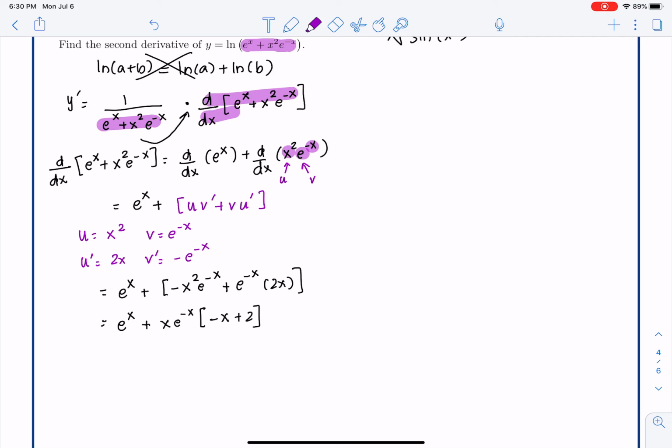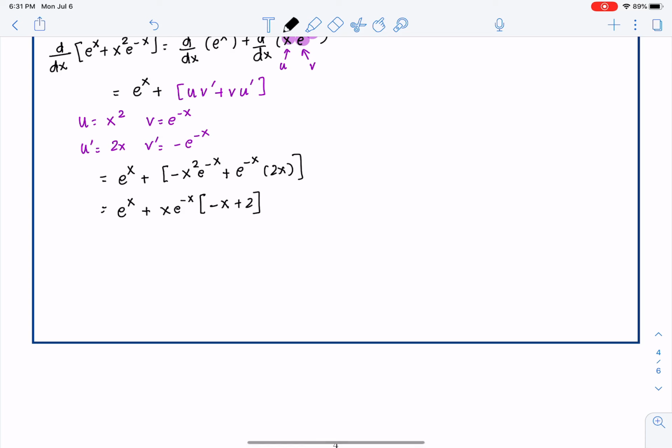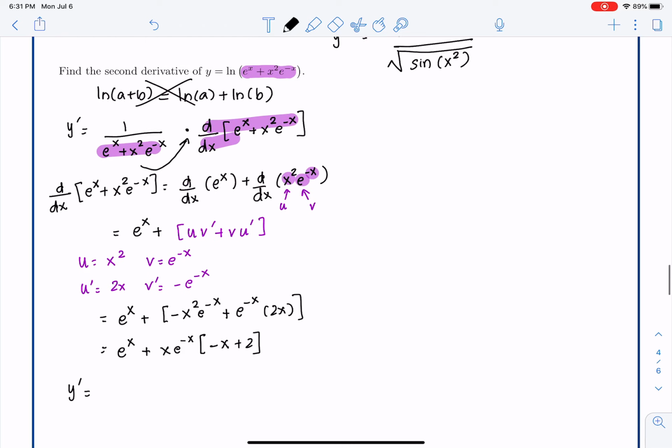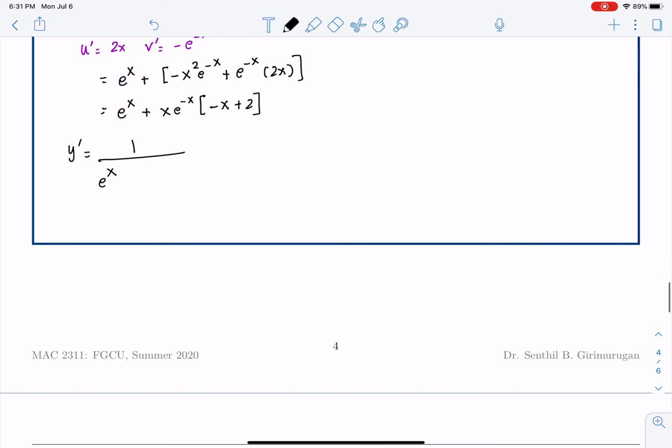So we have to get to the final answer, which is y prime. Y prime is 1 over e raised x plus x squared e raised negative x multiplied by e raised x plus x e raised negative x multiplied by 2 minus x.